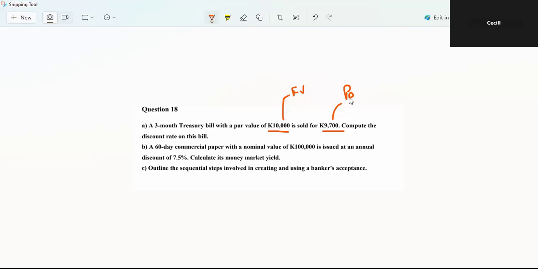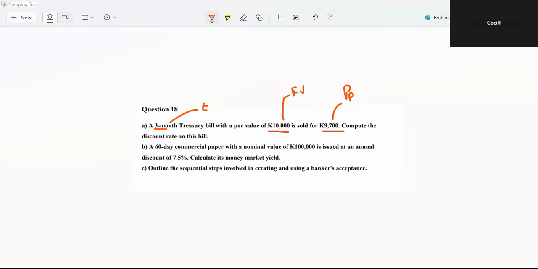We are also given the N, the time: 3 months, which is like 90 days.